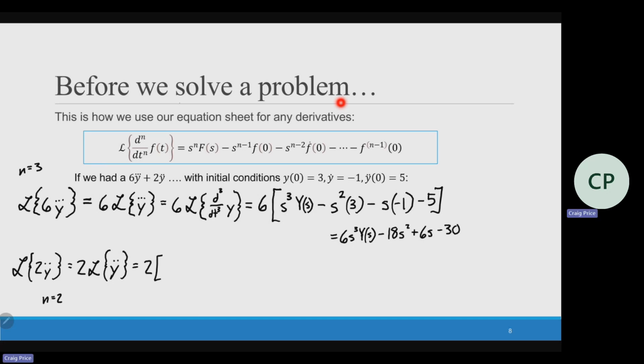Want to make sure I've got that 2. That's going to be my multiplier for everything. And now when n is equal to 2, we get an s squared times my function. That's the first term. Now we have everything is subtracted after that point.